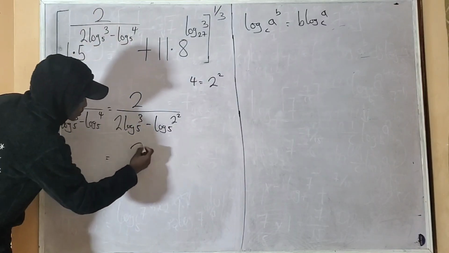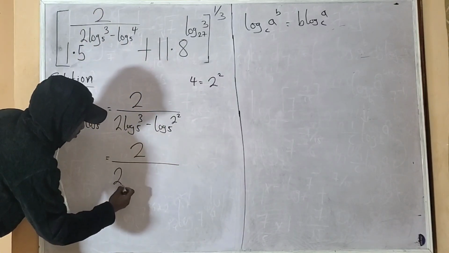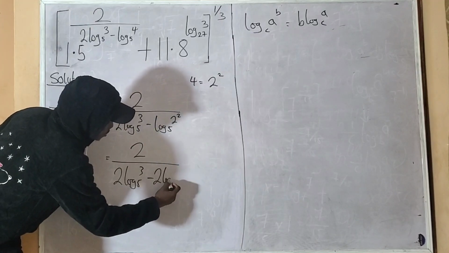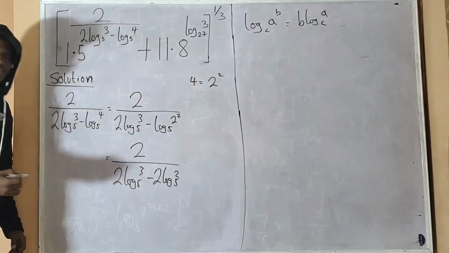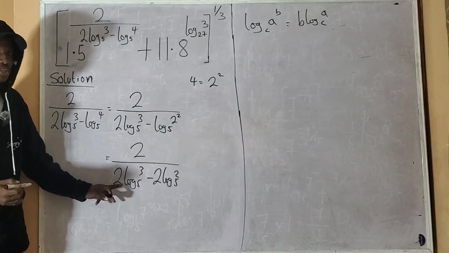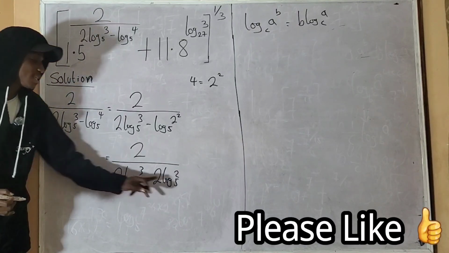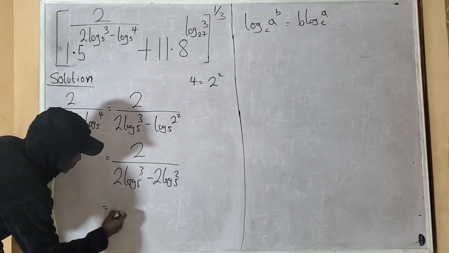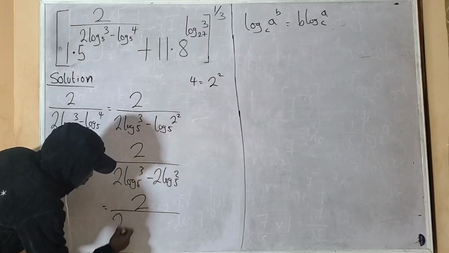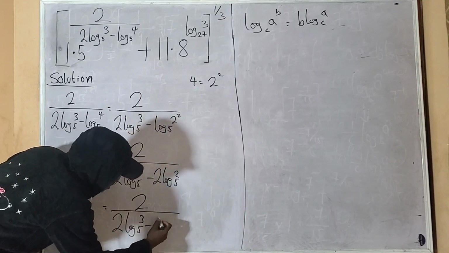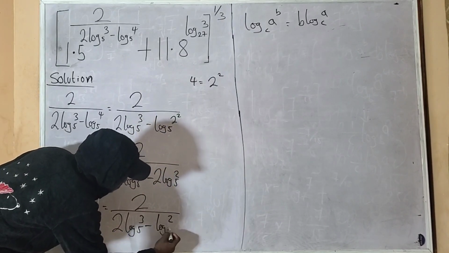So I'm going to have 2 divided by 2 log_5 3 minus 2 log_5 2. Now, if you check the denominator, you will discover that 2 is common to both terms, so we can factorize it out. So we have 2 divided by 2 times (log_5 3 minus log_5 2).